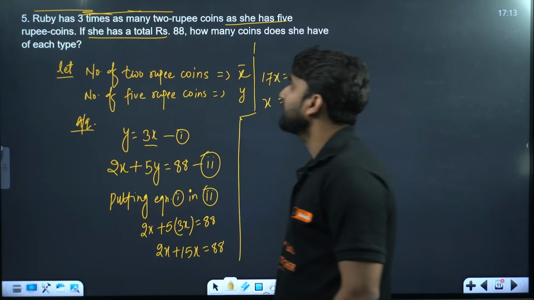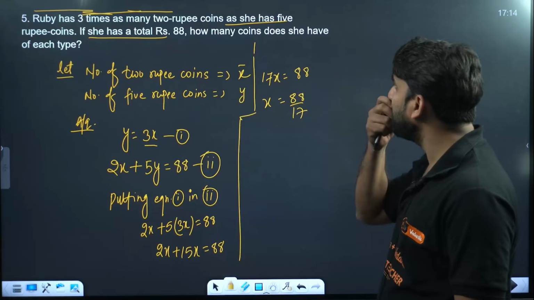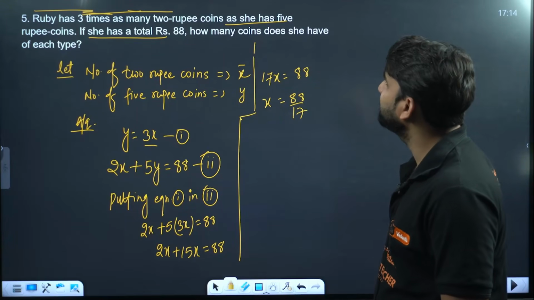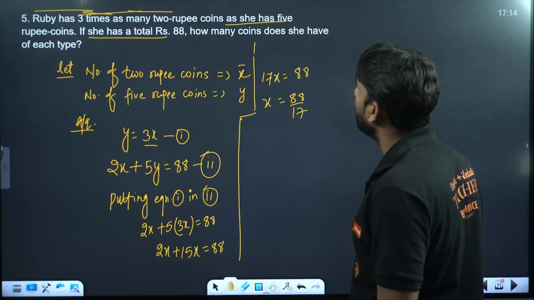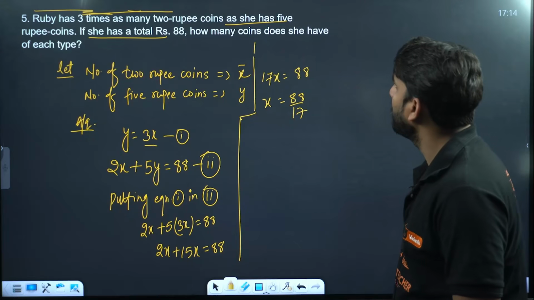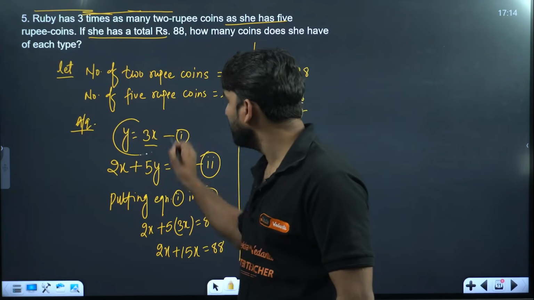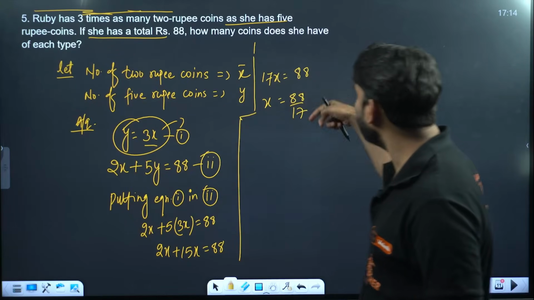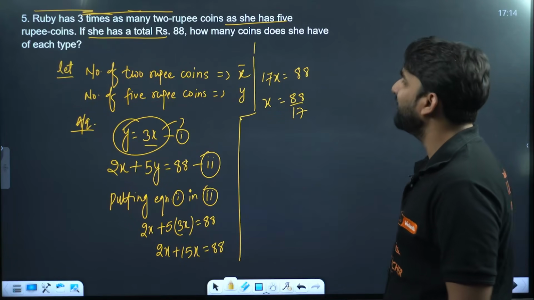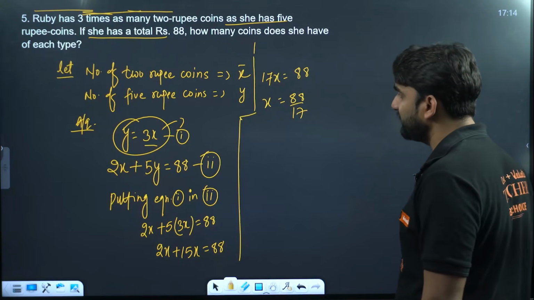Okay. Ruby has 3 times as many 2 rupees coins as she has 5 rupee coins. So I think we have just made a mistake. Y is equal to 3x. 88 can't be divided by 17, because 88 is not a multiple of 17.